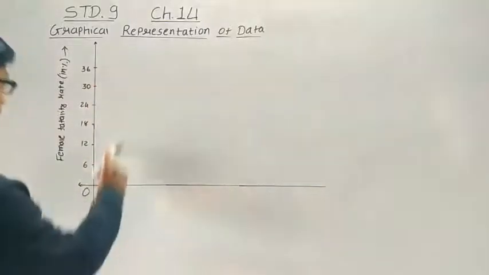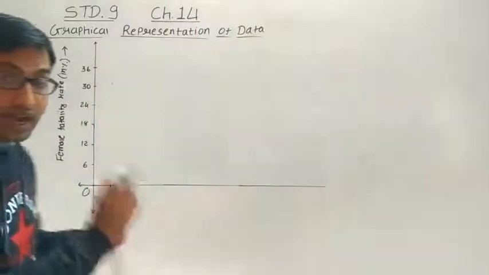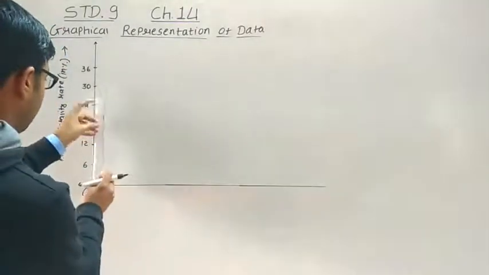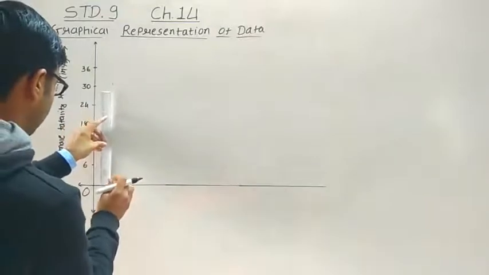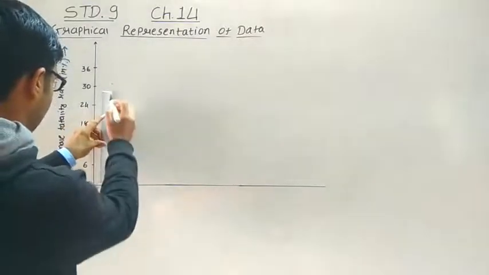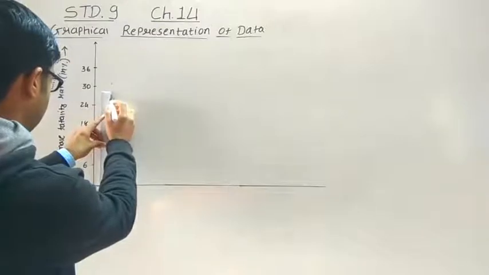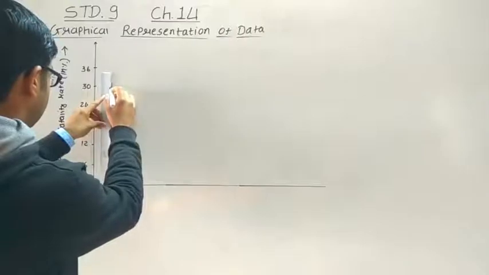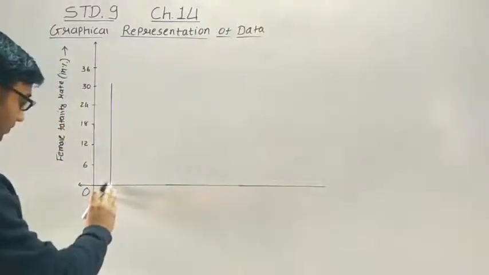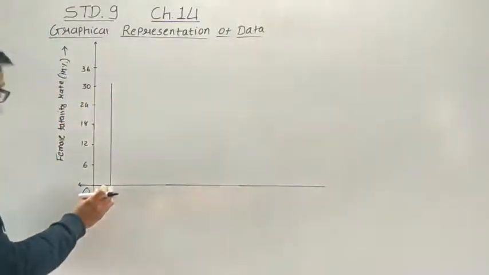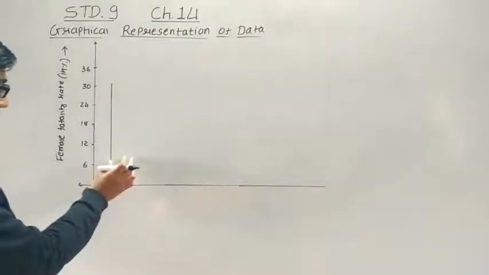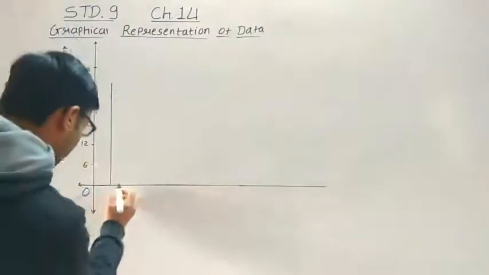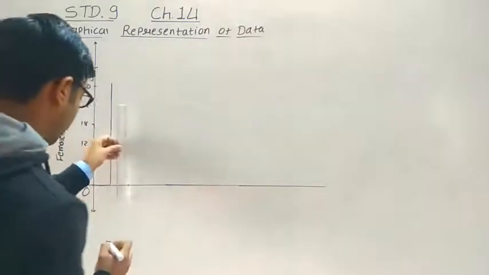So we have to draw a bar which has a height equal to 31.8. From this point we draw a line like this up to this point. One more thing: whatever space you have here, the same space you have to keep for the width of the bar. So here we can make approximately this much width, right?